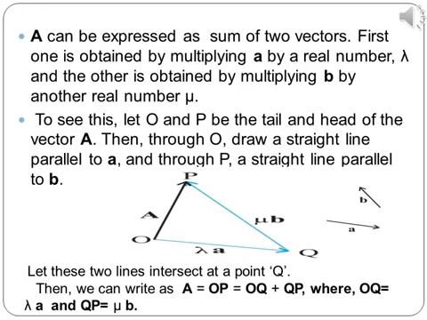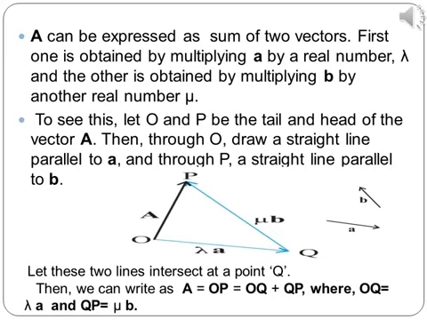Then vector R can be expressed as the sum of two vectors. The first is obtained by multiplying vector A by a real number lambda, and the second is obtained by multiplying vector B by another real number nu.